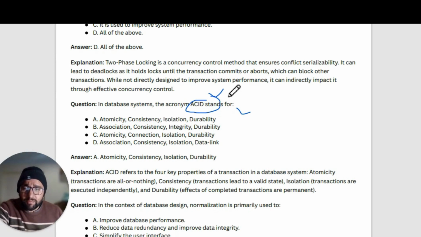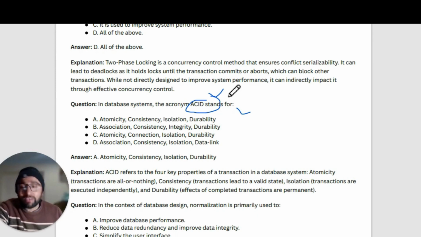So the second concept, which is consistency, says that all the transactions must lead to a valid state. It should not lead to an invalid or inconsistent state. The third concept is isolation, which says that all these transactions are executed independently.